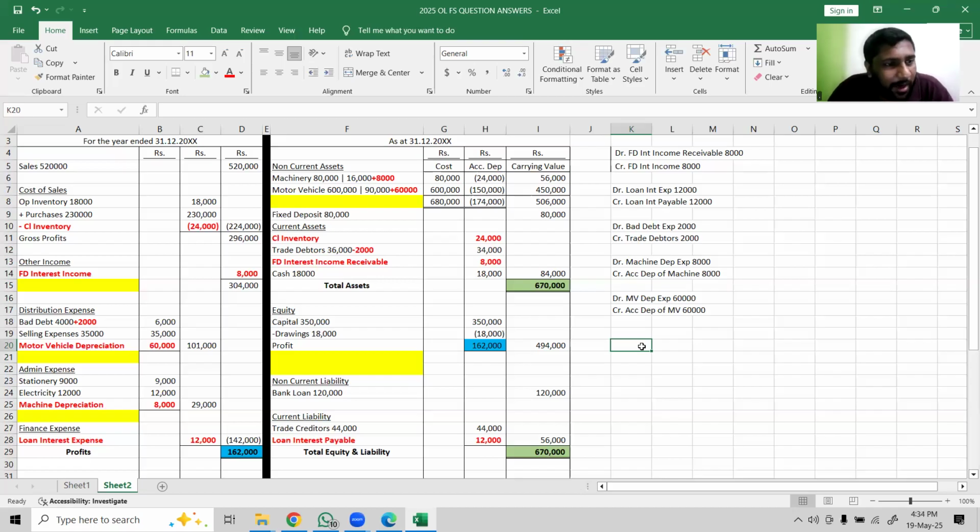In your exam, you have to prepare these two statements and finish the question approximately by taking a maximum of only 15 minutes. Within 15 minutes, you try to finish off both. If not, you will struggle a little bit in completing the paper.